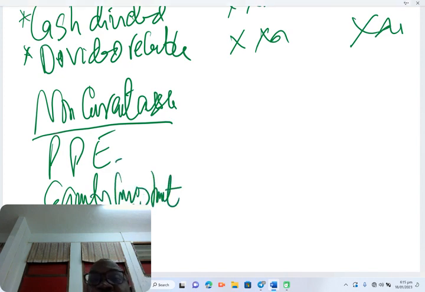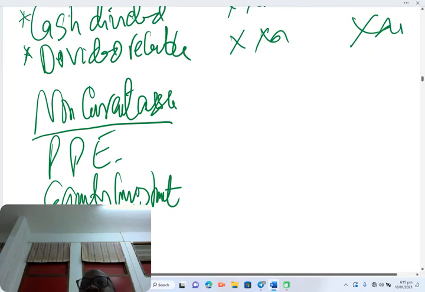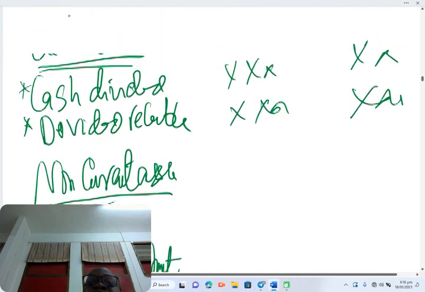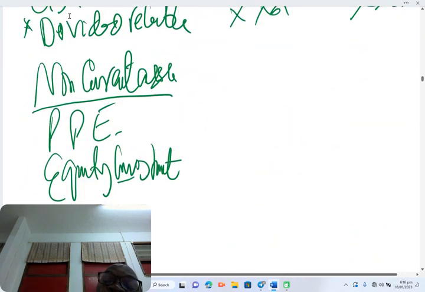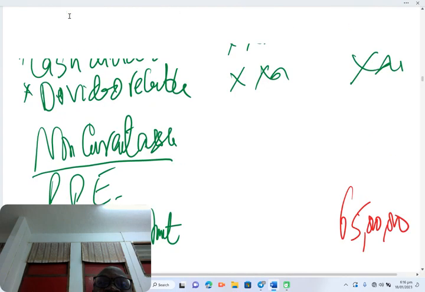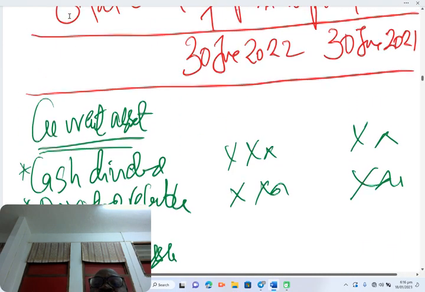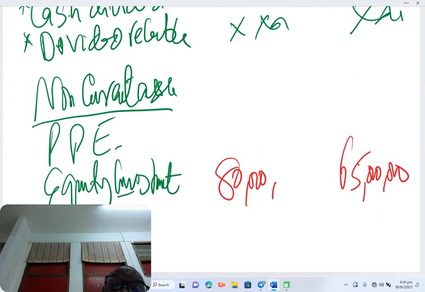Now, this is our interest in this problem. At reporting date in 2021, we have 65 million equity investment. And currently, in 2022, we have 80 million.